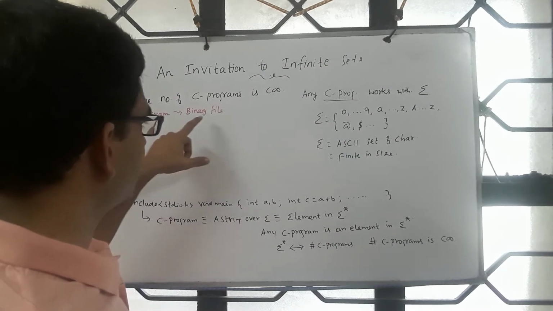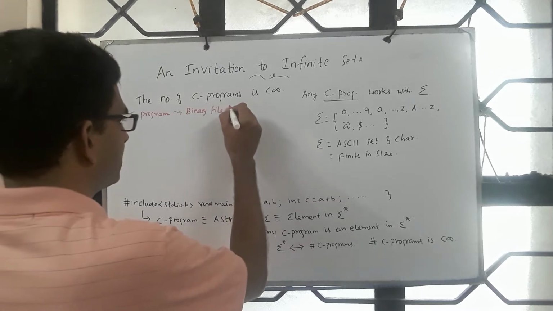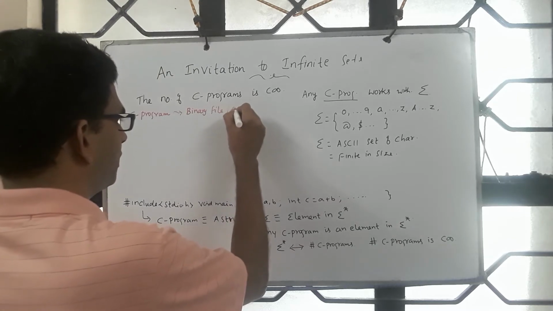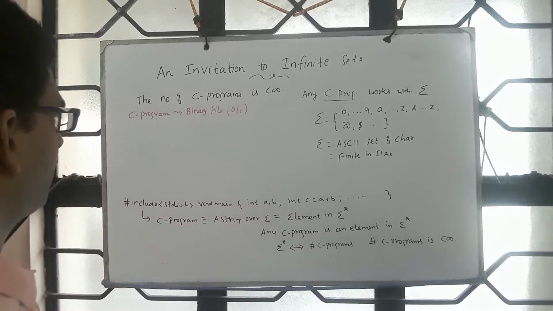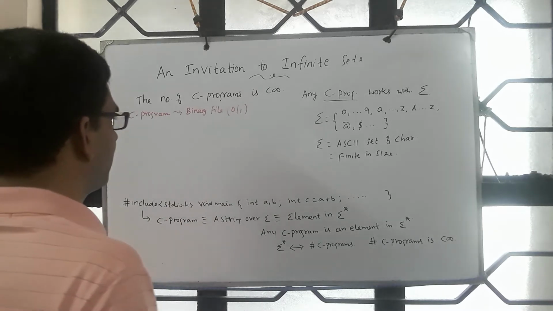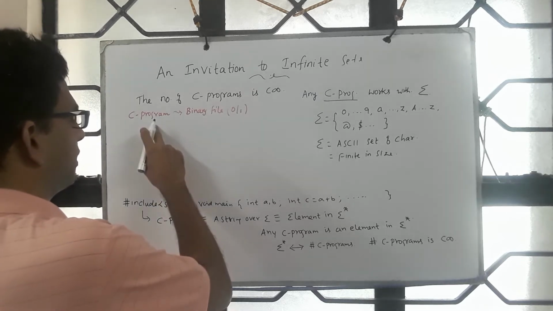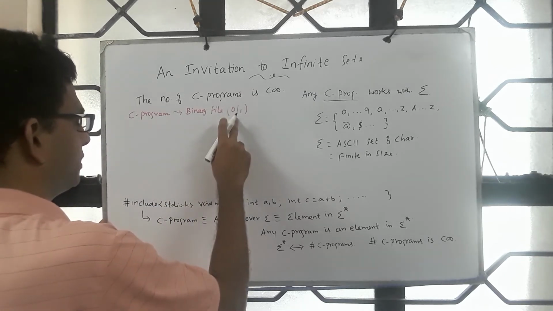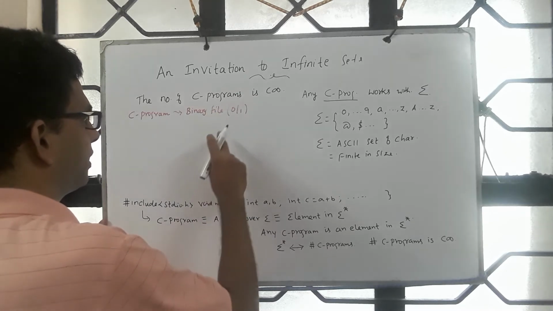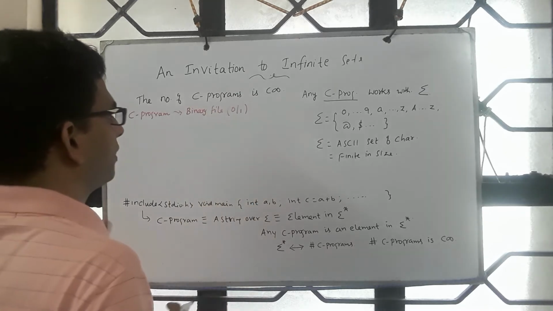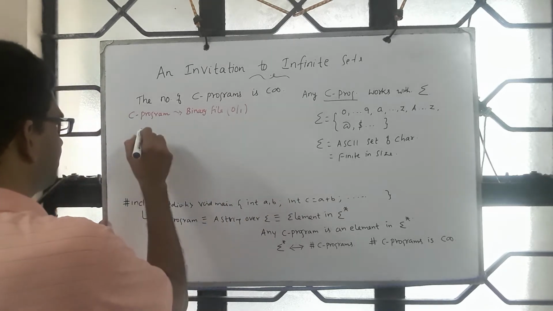So a C program is an equivalent binary file, which means it works with 0 and 1. So when we say number of C programs, it's related to so many binary files, and they're all working with the alphabet 0 and 1.